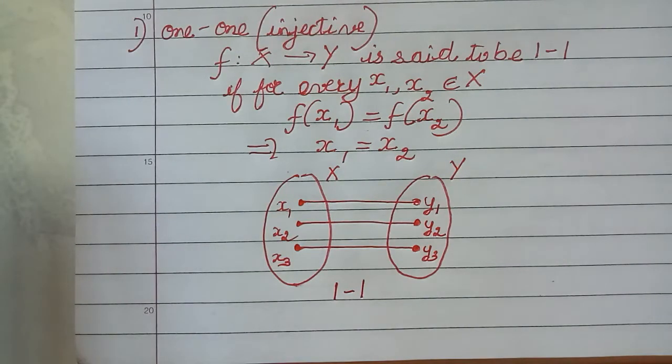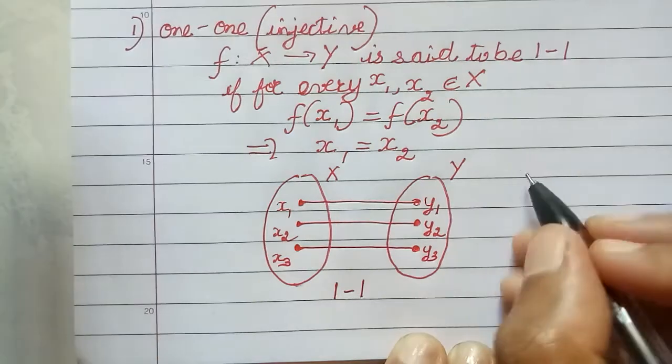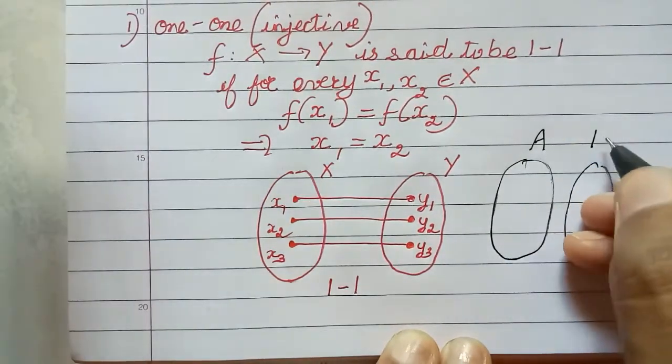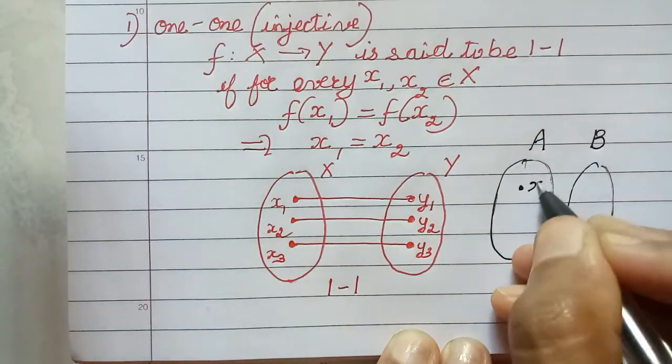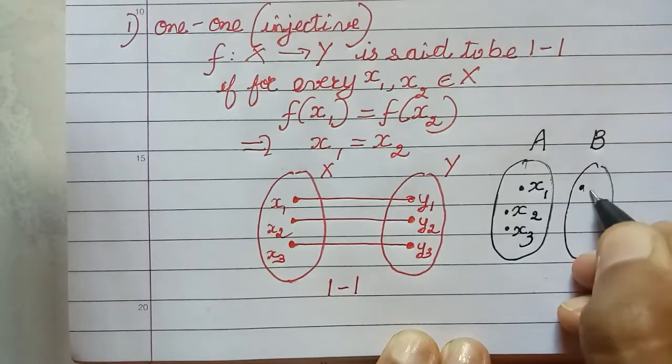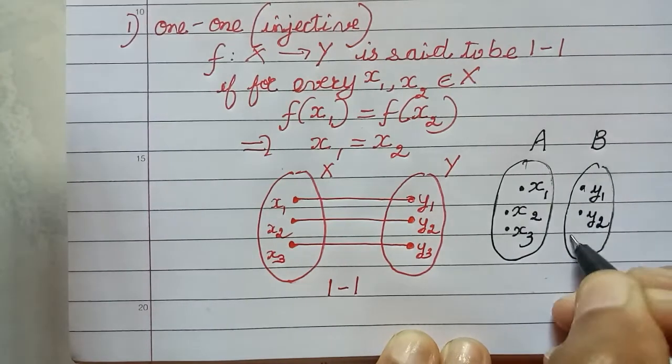Now complementary to one-one function, children, you can also have situations where two elements are mapped to one element, but the elements are different. Exactly opposite can happen without violating the definition of function. Two elements can have same image. For example, if I draw it pictorially, if I have a set A and a set B, I can have elements x1, x2 and x3, and elements y1, y2 and y3.